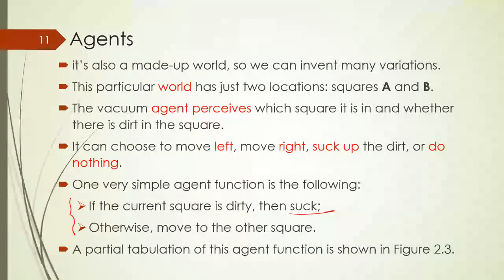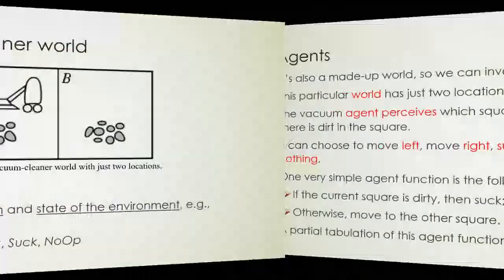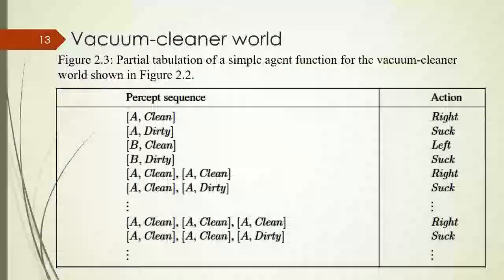This is not a program, okay? This is the concept. This is the model you want your program to run. This is the algorithm. A partial tabulation of this agent function is shown in figure 2.3. Look, this is an example of possibilities.